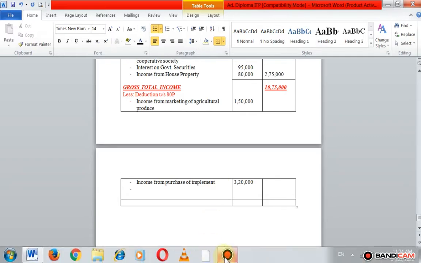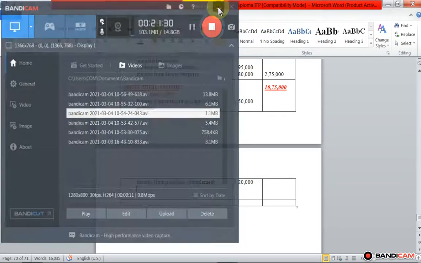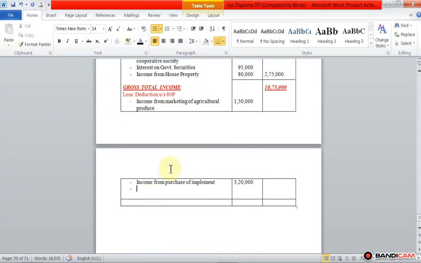Wait, here the whole income derived from purchase of implements and supplying them to the members is allowed for deduction under section 80P. So we get a deduction if income is derived from purchasing of implements and supplying them to the members.